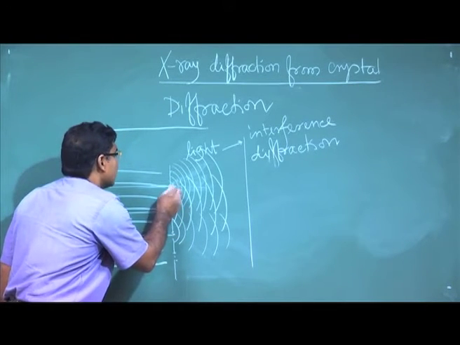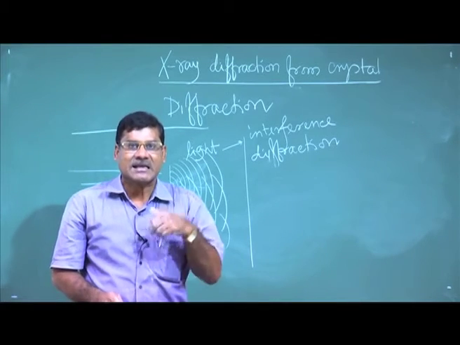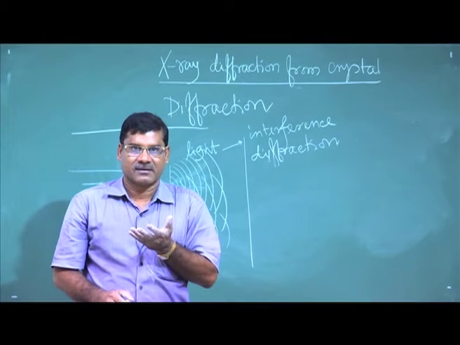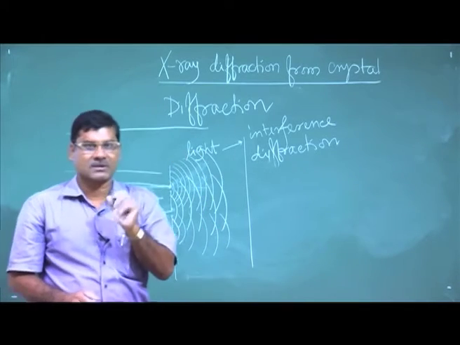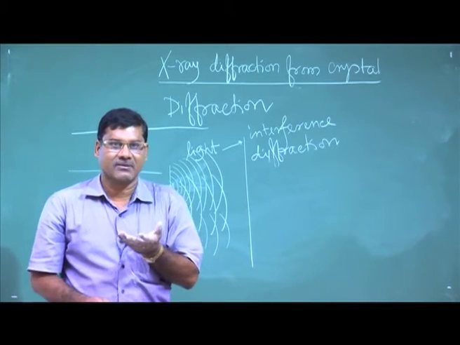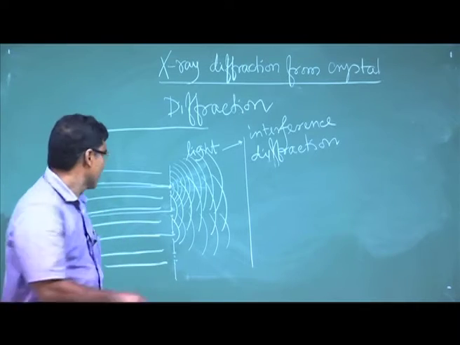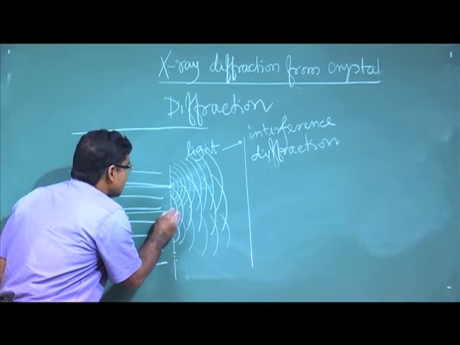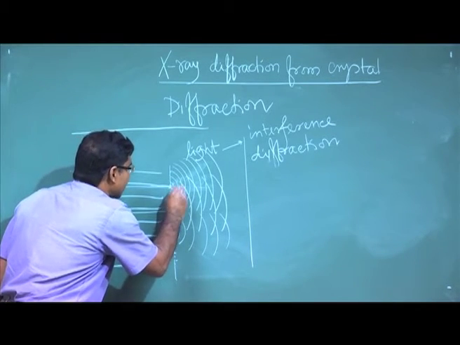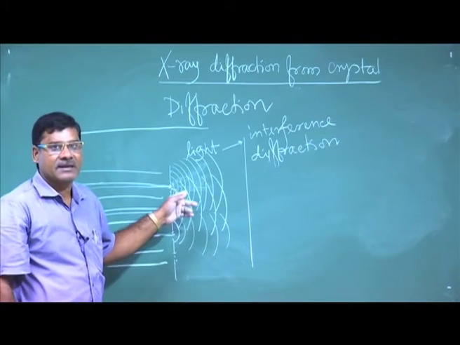If the obstacle has only one hole, it is a single slit diffraction. If it has two holes, we call it double slit diffraction. If it has many holes, it is a grating, and we call it grating diffraction. The distance between two holes, middle to middle, we define as D, the grating element.